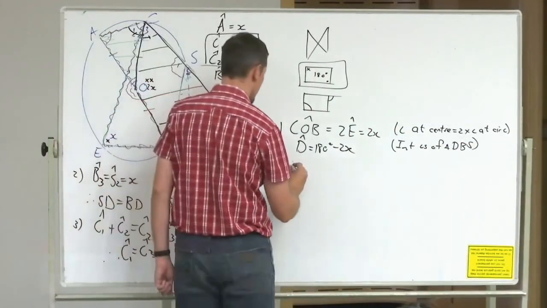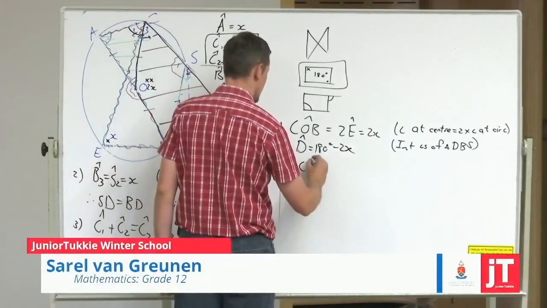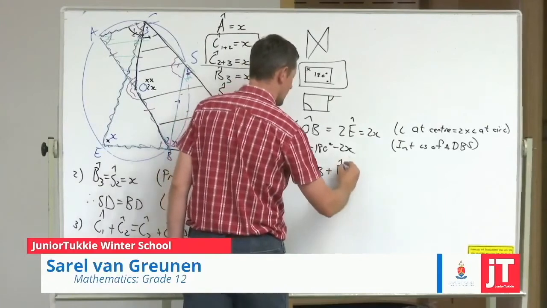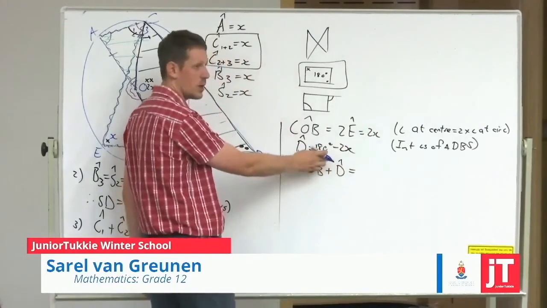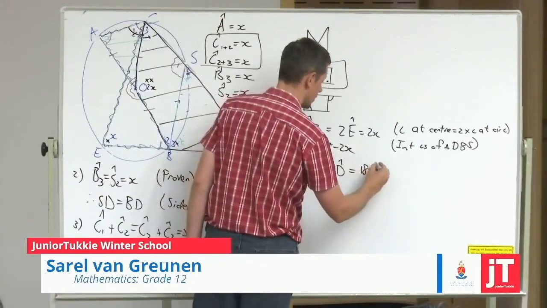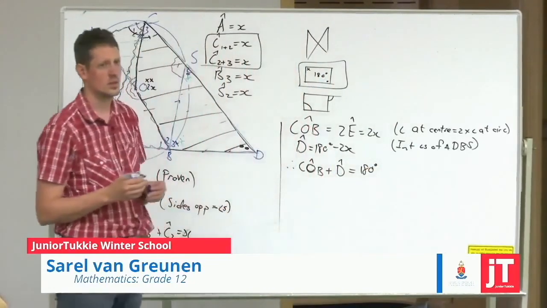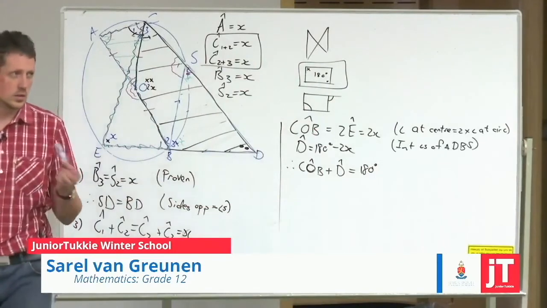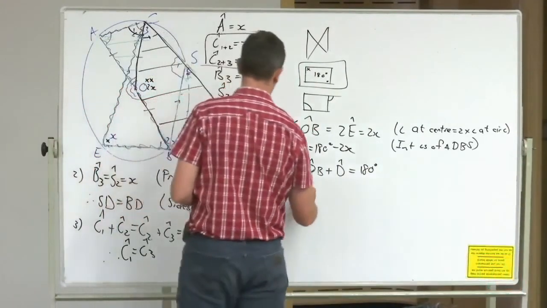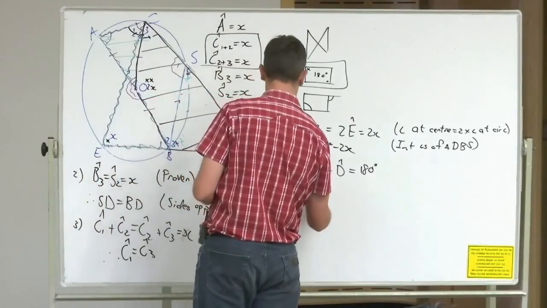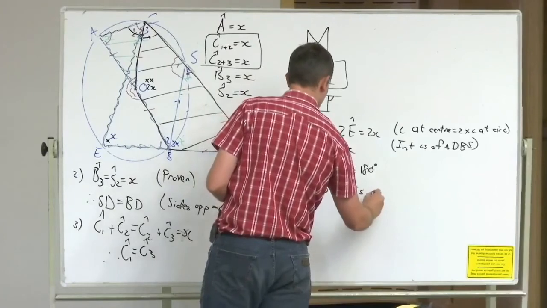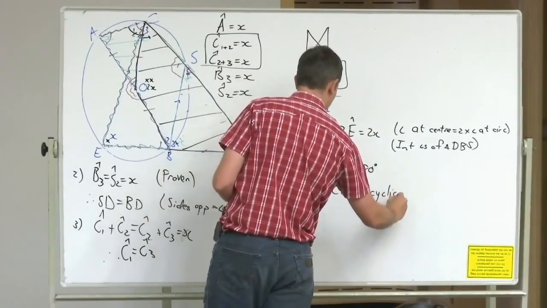So therefore, what can I see about angle COB and angle D? If I add them up, what do I get? 180 degrees. Oh, therefore, BOCD is a cyclic quad.